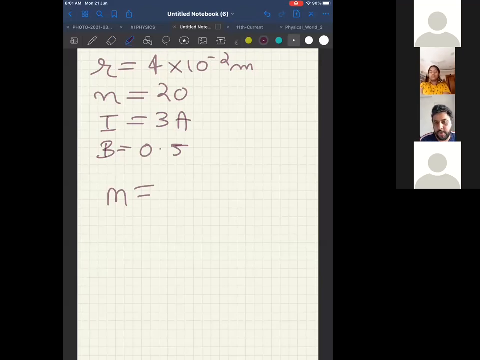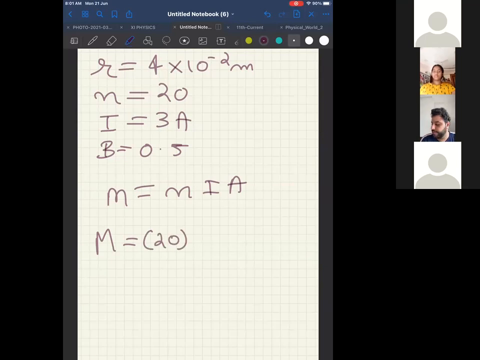Now, you know the formula for magnetic moment from our previous chapter. The formula for magnetic moment is NIA. Remember our most basic formula, M is equal to NIA. We had this formula in 11th standard also, and we have used it in the previous chapter also. Now, can I say M is equal to N, number of turns? Is number of turns given? Yes, number of turns given is 20.